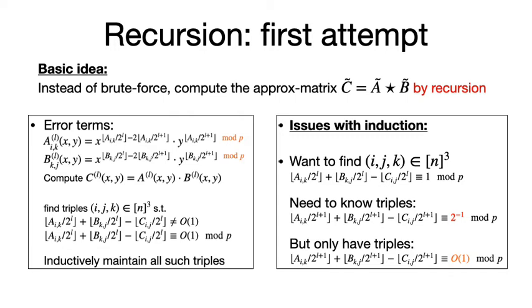Suppose during the Lth level, we want to find all triples such that this formula is 1 under mod P. Then it is more or less equivalent to retrieve triples from the L plus 1th level, which are 2 to the minus 1 under mod P. However, in the previous L plus 1 level, we only have triples where this formula is constant under mod P, which can be far away from 2 to the minus 1.